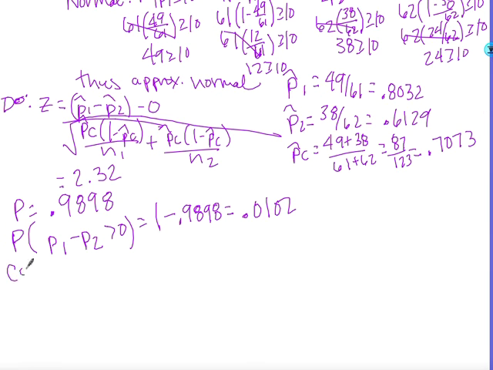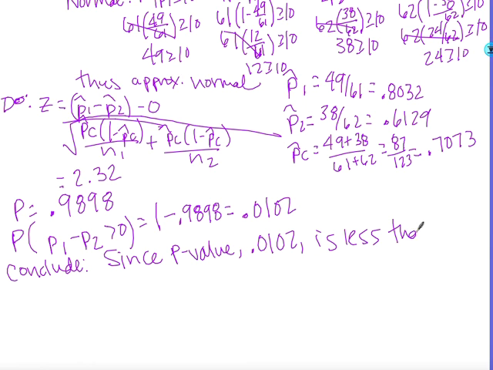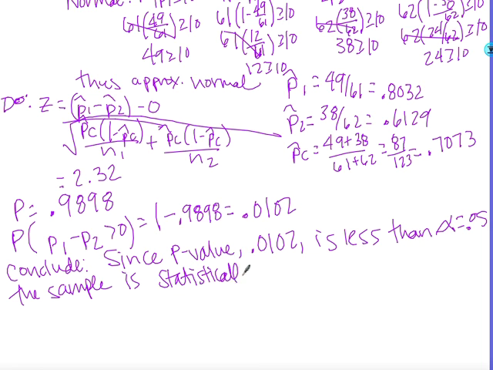So then your conclude step would be, since your p-value 0.0102 is less than your significance level, so we're going to let it be 0.05, the sample is statistically significant at the 5% level.